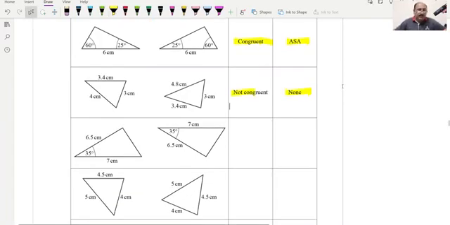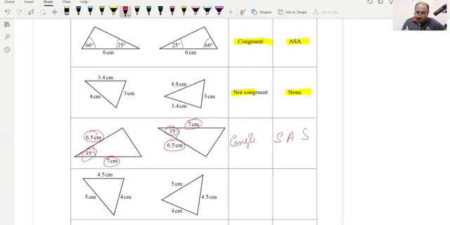And similarly, if we check this one, this is 6.5, 6.5 and 7 and 7, this is 35 and 35. So two sides and the angle are congruent, so we will write here side angle side theorem, and it will be congruent.